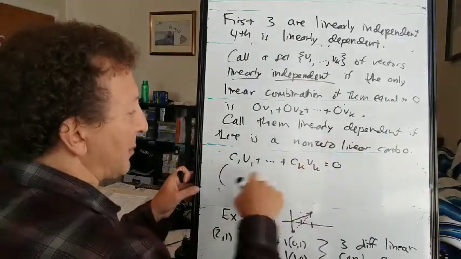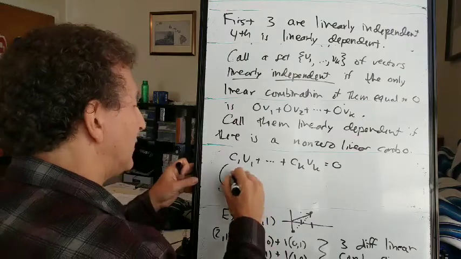So by non-zero linear combination, I mean not all of the c's are 0.